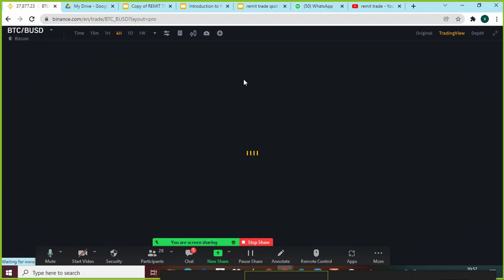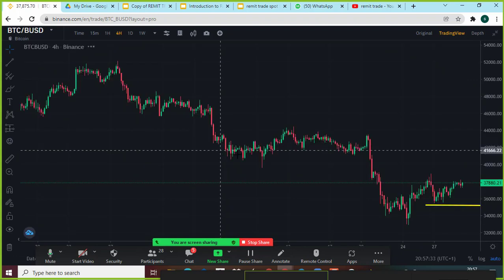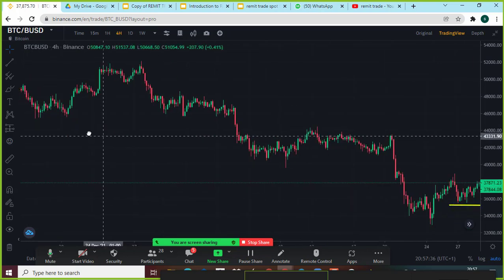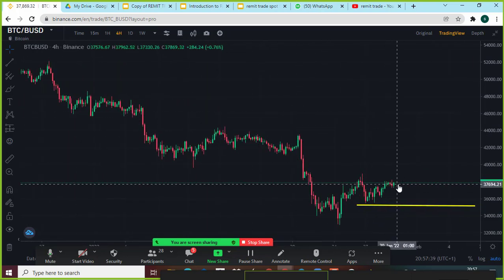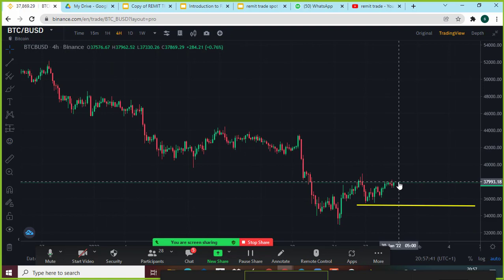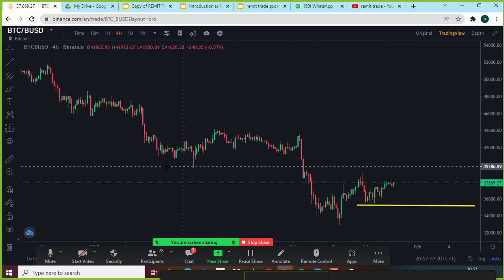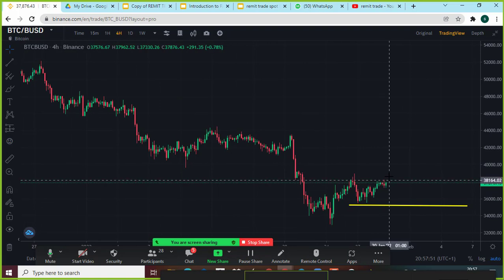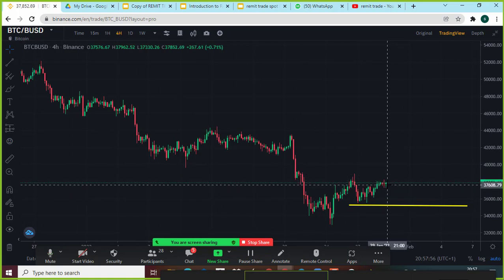If I put this on full screen, so when we talk about technical analysis, we are saying that you use what price has done before to predict what price is going to do next. That is technical analysis. When you do this, you are doing technical analysis.